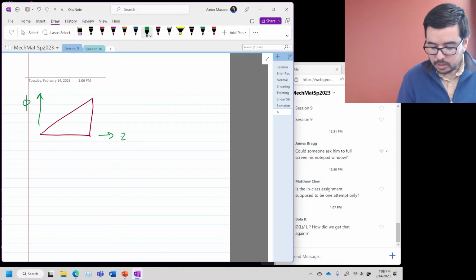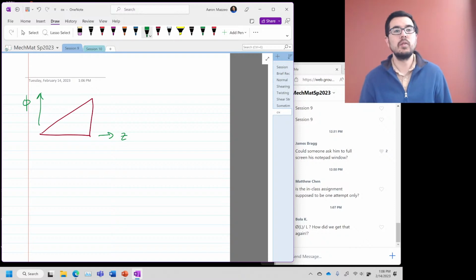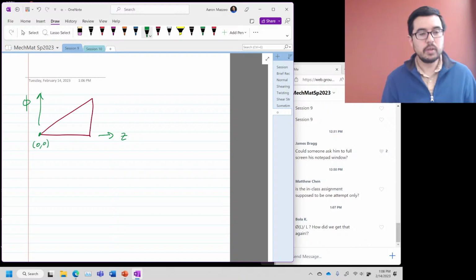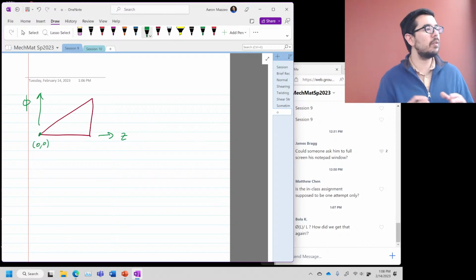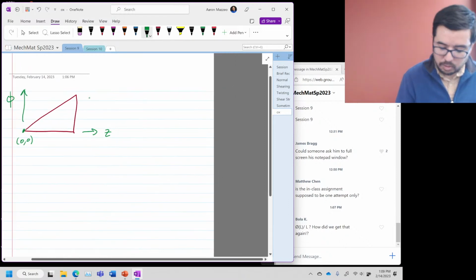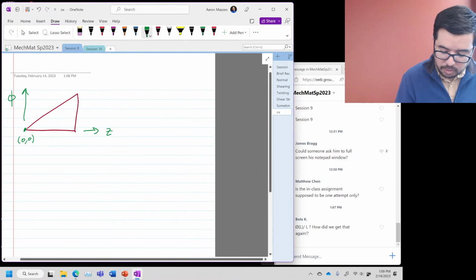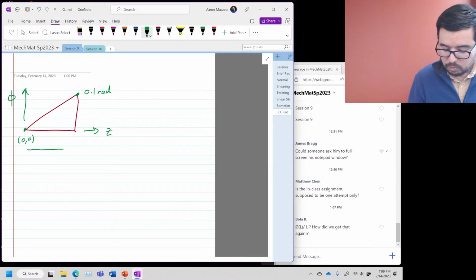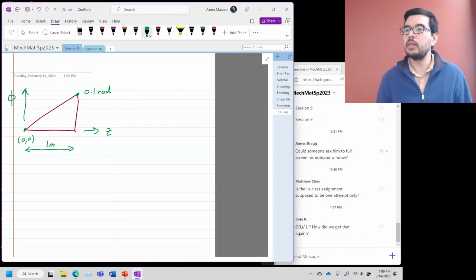On this axis, this is z. And let's say that here, this is 0, 0. That's the point where we're at the wall, or where we're calling our start. And up here, let's say this is 0.1 radians on the phi axis. And here, this distance is 1 meter.